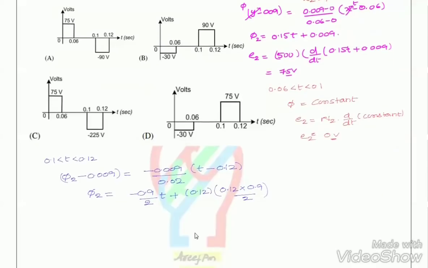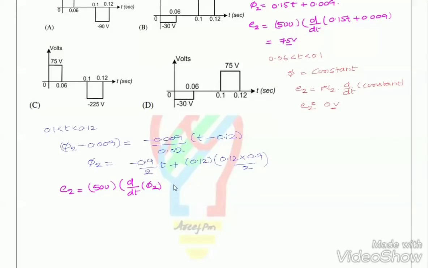This is the equation. Finally, we write E2 as N2, which is 500, into d by dt of phi 2.